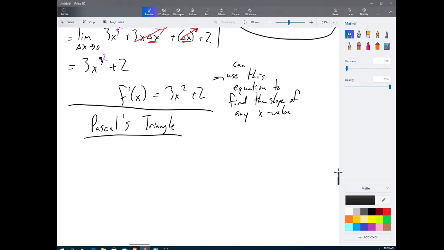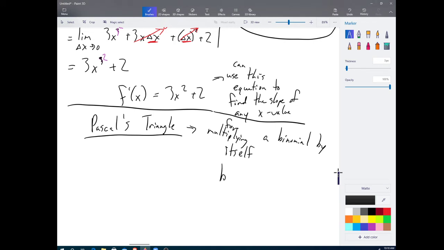Pascal's triangle you use when multiplying a binomial by itself.